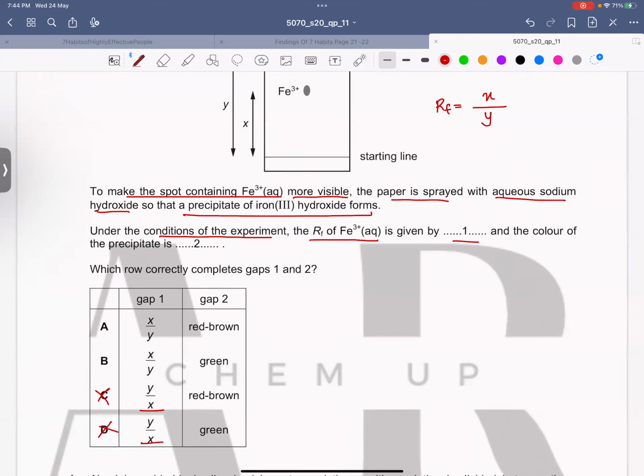And the color of the precipitates is blank 2. As I just discussed, it's green, sorry, red-brown. So the green given is wrong, that's why B goes wrong, and A is my correct answer.